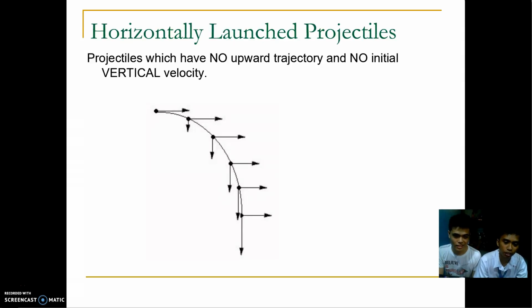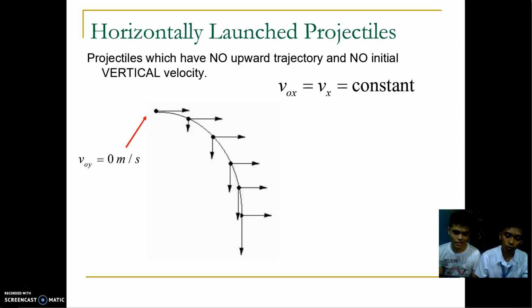Horizontally launched projectiles are projectiles which have no upward trajectory and no initial vertical velocity. So the vertical velocity is equal to 0 meters per second, and the horizontal velocity is constant.